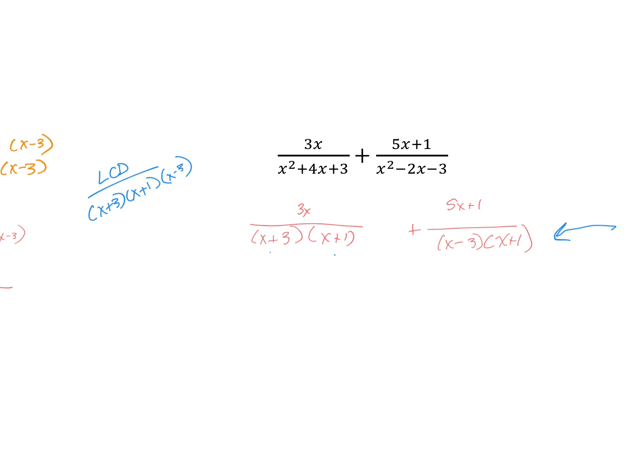Okay. So what does the first fraction need? X minus 3. Okay. So top and bottom both get x minus 3. Perfect. What does the second fraction need? X plus 3.